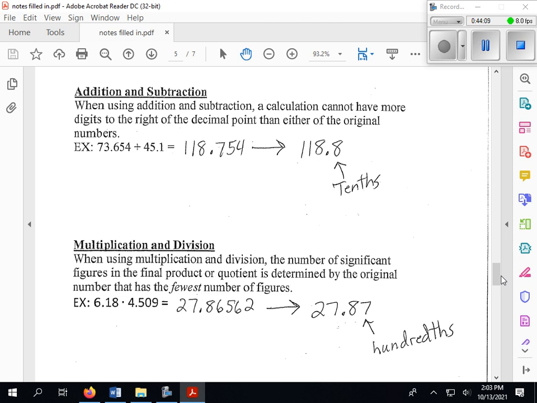So it's going to have how many places behind the decimal? One place. So I get this answer, 118.754. Well, what am I going to round that off to? 118.8. Because the 45.1 only had one place behind the decimal, so that's what we want our answer to be.